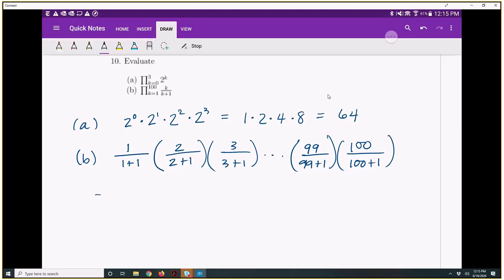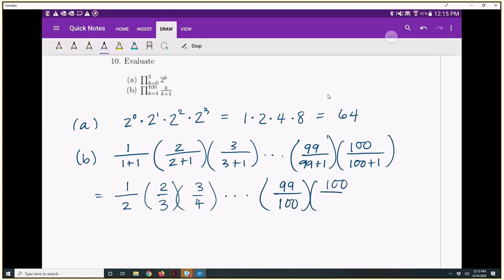So if I rewrote that, that would be 1/2 times 2/3 times 3/4, dot dot dot, finally 99 over 100 times 100 over 101.